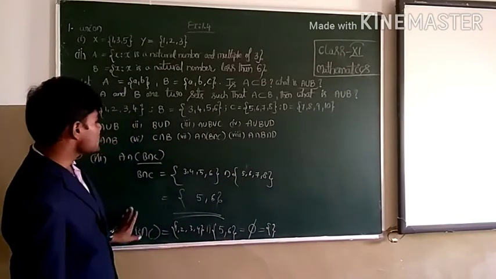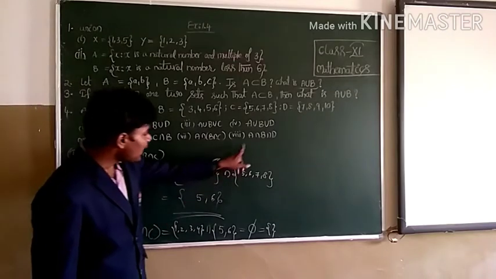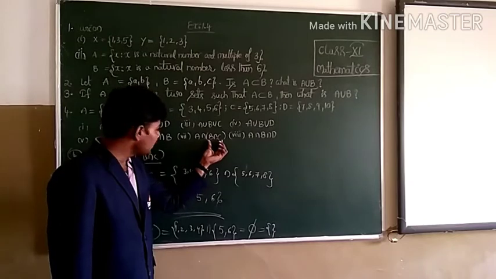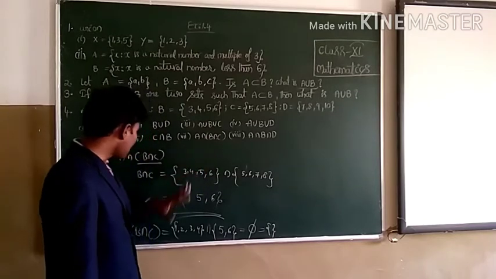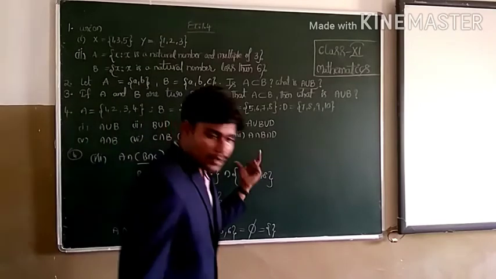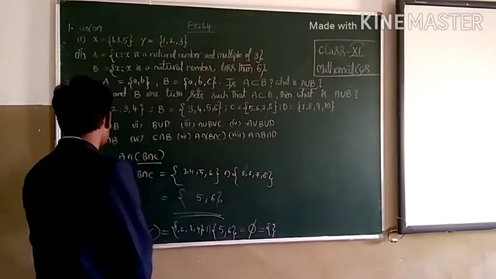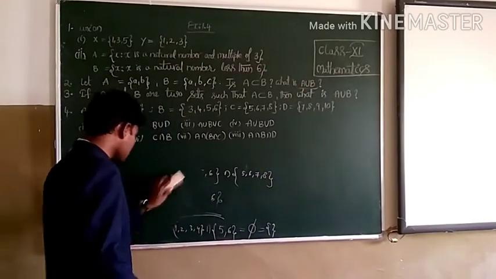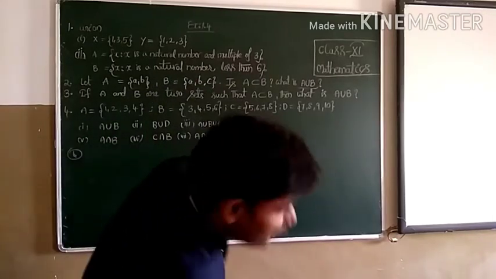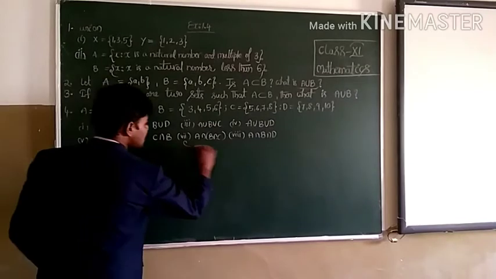Okay, suppose you take another example like this, where brackets are given between the sets. You have to do it in this way. If it is given directly like this, we'll see how it works. You need to observe the difference between these two sums.